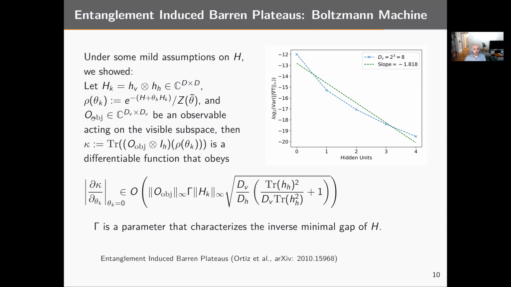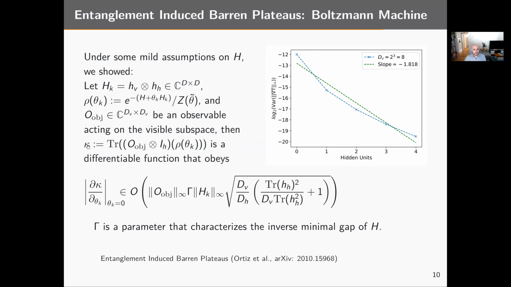And let's define an observable O that lives in the visible subsystem, that acts on the visible subsystem. And let's define kappa to be the trace of the observable tensor identity on the hidden subsystem, acting on our rho that we defined here.